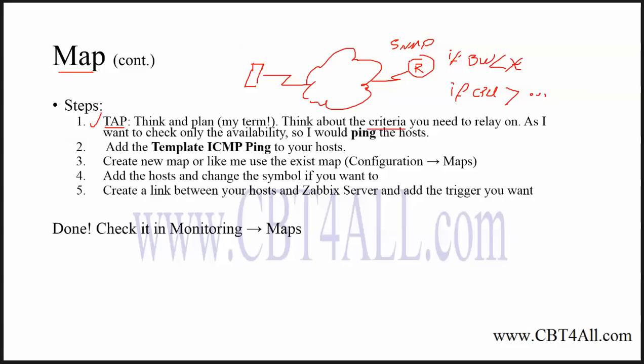At the moment, I want to know if this site is down or up. So I will use ping to do it. For doing this, I have to add the template ICMP ping for any host which I want to monitor in the map.